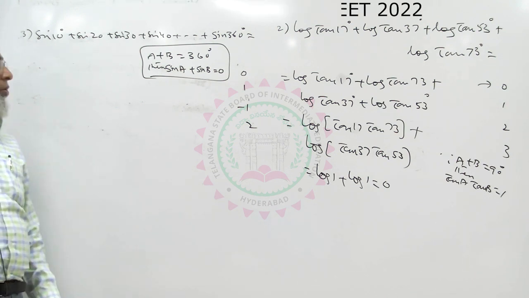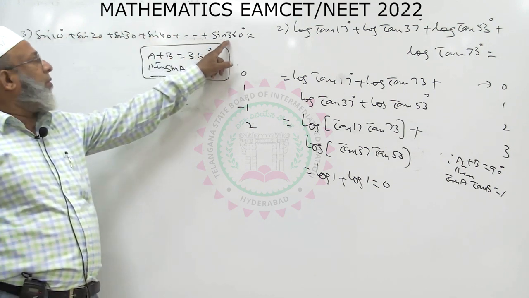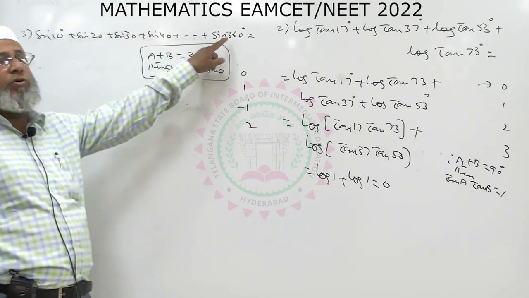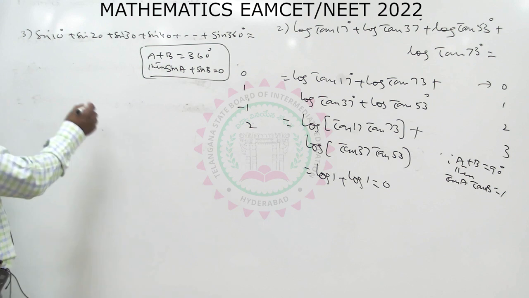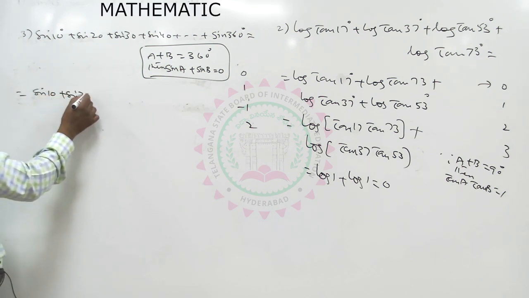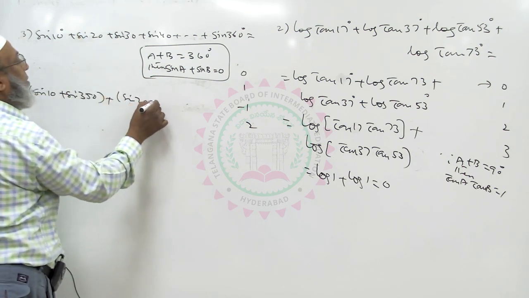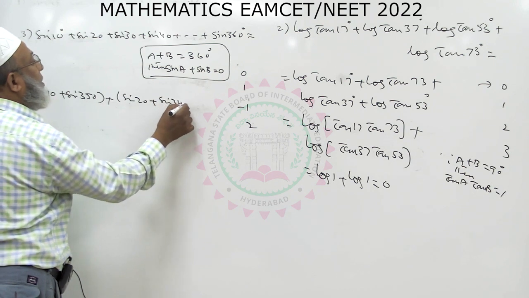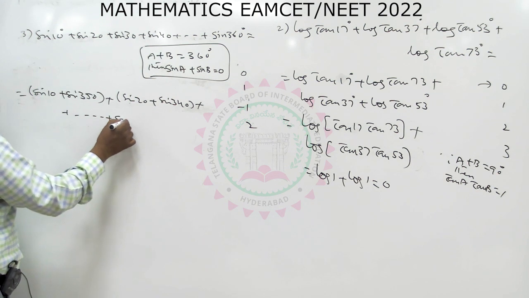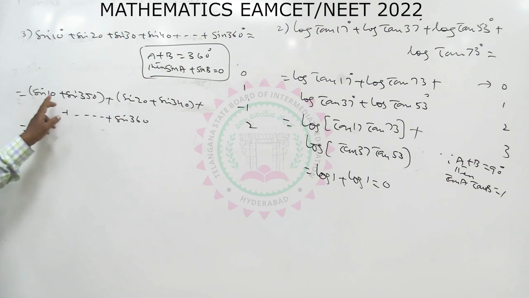So, this is sin 10. The difference is 10, 10, 20, 30, 40. So, before 360, 350 will come. So, that is sin 10 plus sin 350 plus sin 20 plus sin 340 plus so on. The last is sin 360. So, 350 plus 10 is 360.